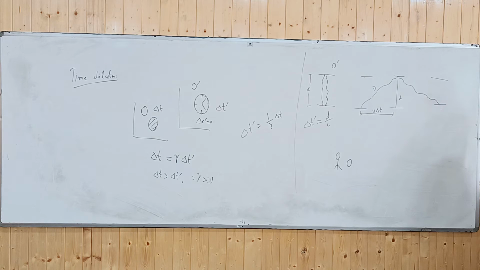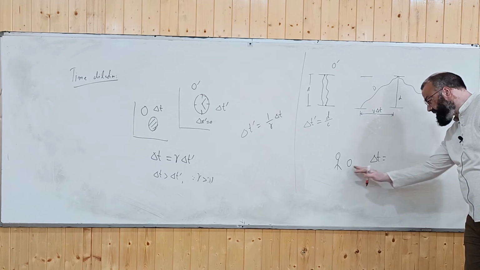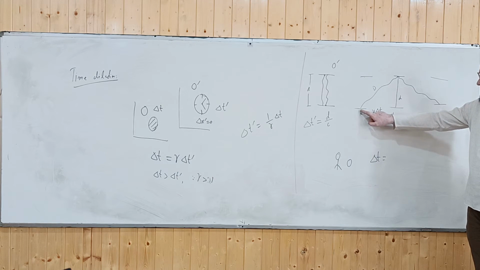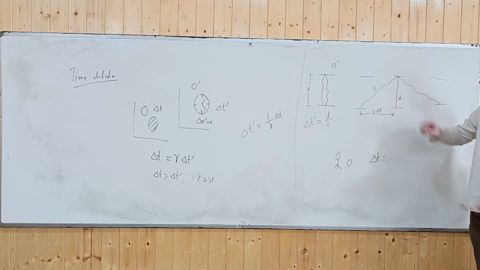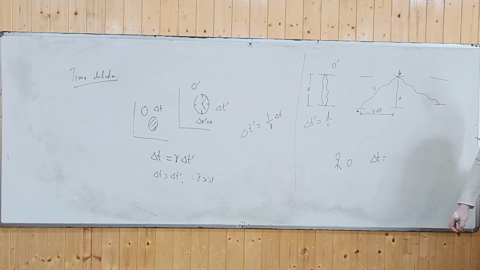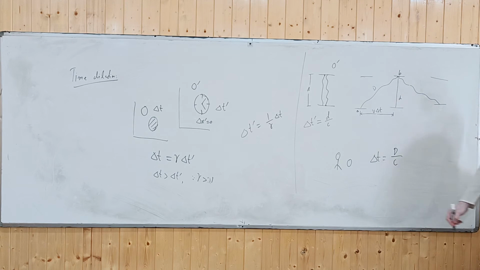Everybody got it? So now tell me by formula. Let's calculate the time in this very frame of reference. Let's calculate the amount of time it takes the signal to reach from this point to this point, say some point A to some point B. So that will be actually d by c.